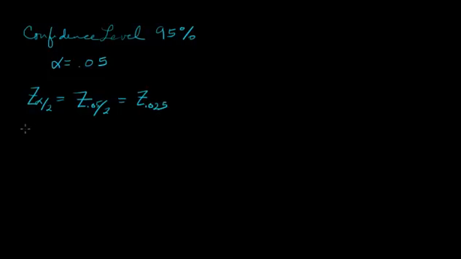This is one we've calculated before. Inverse norm, area to the left, would be 1 minus 0.025, or 0.975, and here we got 1.96. That was rounded, it was so close to 1.96 that they just take this one to 2 decimal places. It was 1.95996, and that rounded to 1.96.